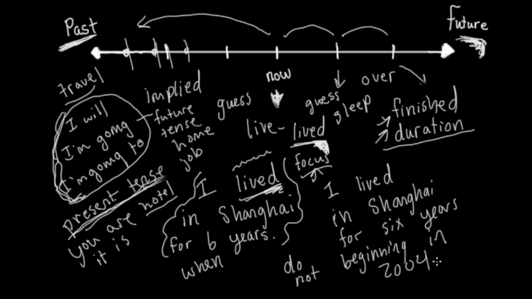Just for example, I lived in Shanghai for 6 years, beginning in 2004. If you wanted to say that, or beginning in 2004, I lived in Shanghai for 6 years. That means it's over now. Okay? So usually in the past tense, you say when, but sometimes not.